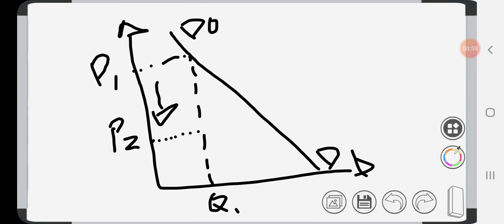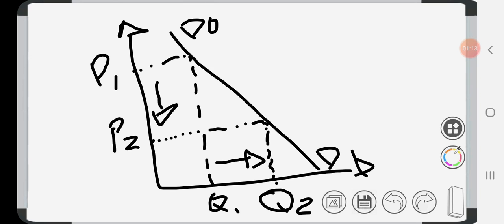Now we go to P2 and we find the corresponding quantity from the curve, and we say the new quantity demanded would be Q2, meaning the price went down, the quantity has increased as the response to the reduced price.